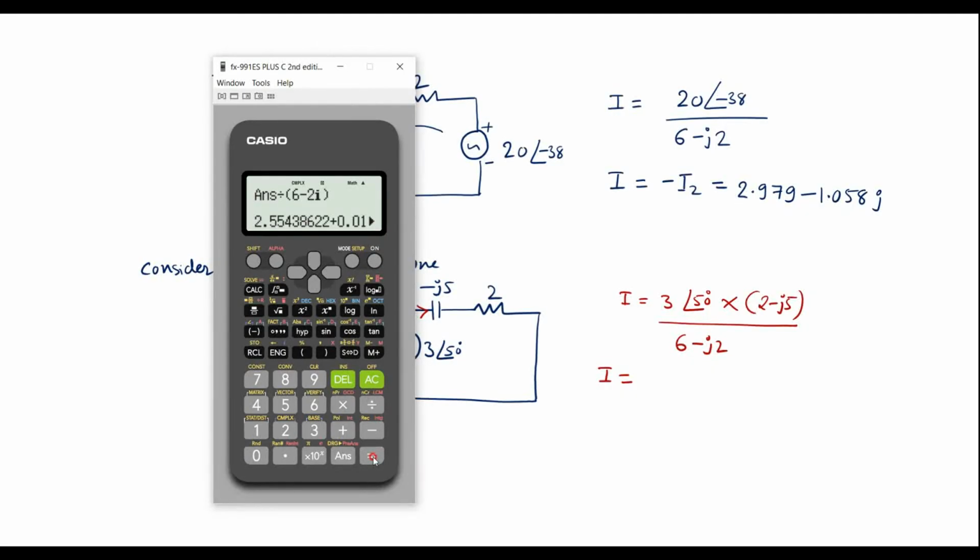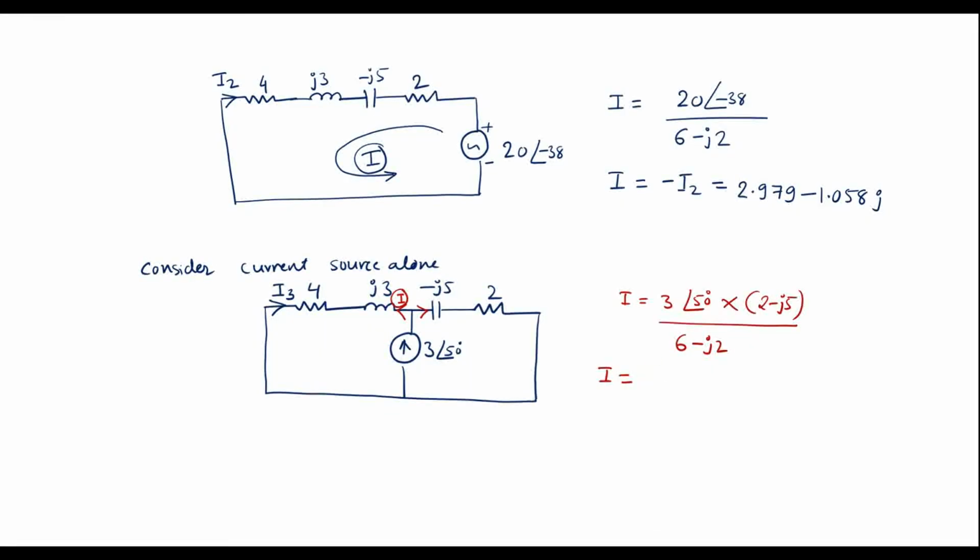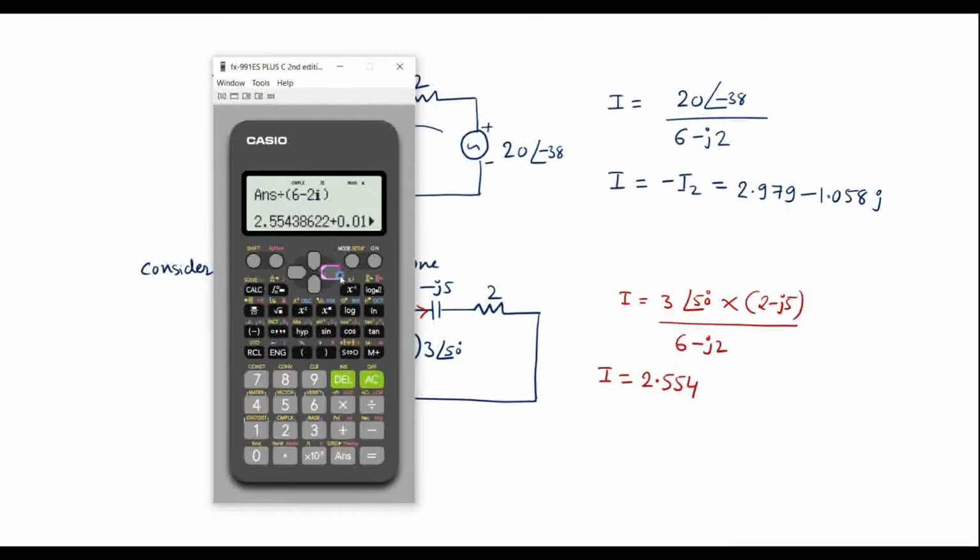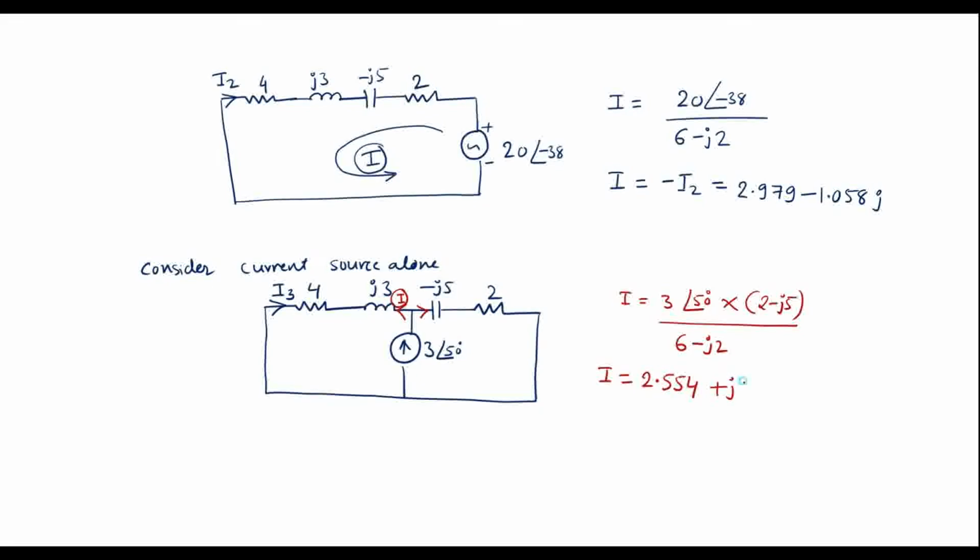So this is the current I, that is 2.554, and the imaginary value is minus 0.010 J. So therefore I3 is equal to minus of I, that is minus 2.554 minus J 0.010.